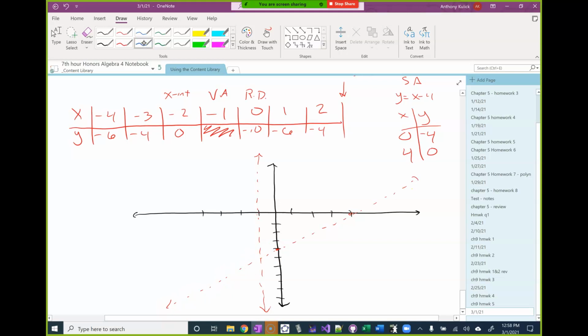All right, so -4, -6 is like here. Oh, that can't be right. It has to be like here. And then -4 or -3, -4 is like there. And then -2, 0. So this one I'm going to be following the slant asymptote, come through my points, and then follow my vertical asymptote.